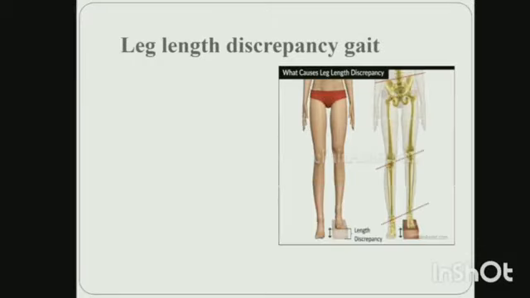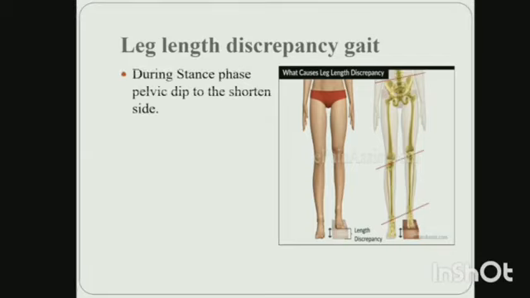Leg length discrepancy gait. In this gait, there will be a shortening of one leg. You can observe in this picture that the left leg is shorter than the right leg.